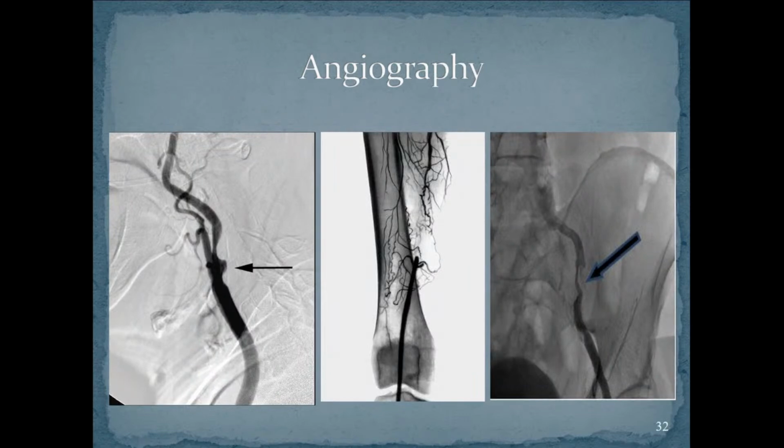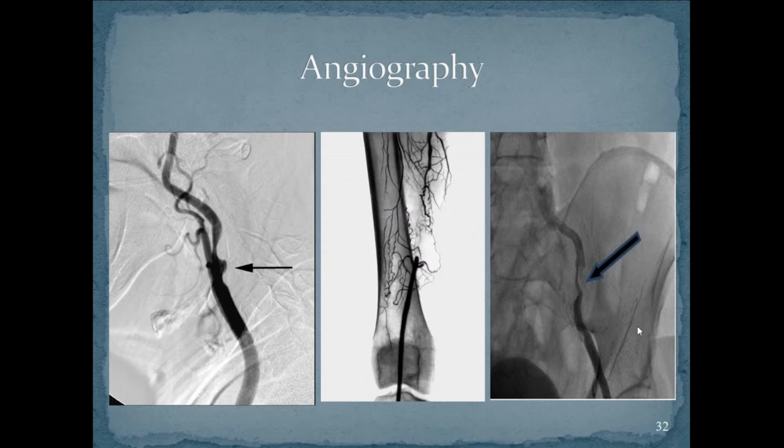So here you can see the angiography. This is the femoral artery, and it is absent. We see only the collateral arteries.